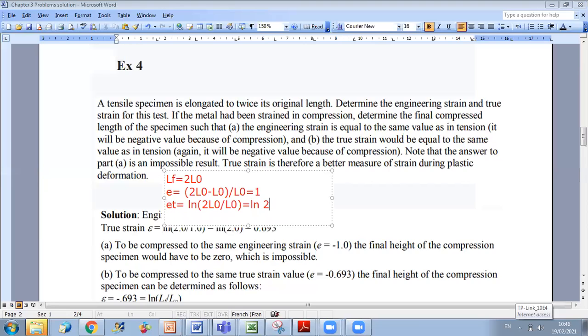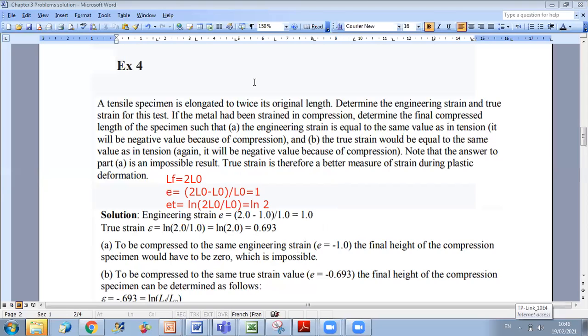Now, the question is, they want us to determine the final height in compression if I want to obtain the same engineering strain first, and then the same true strain. First, if I want to have the same engineering strain in compression, this means that, in absolute value, the engineering strain is -1.